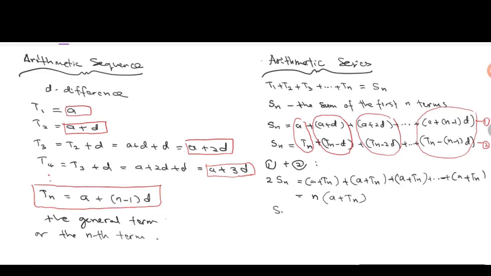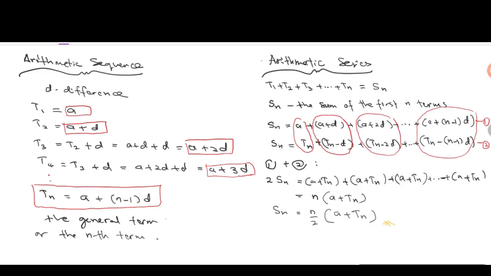So that means S sub n is equal to n over 2 multiplied by (A plus T sub n). This is the formula for the sum of the first n terms.